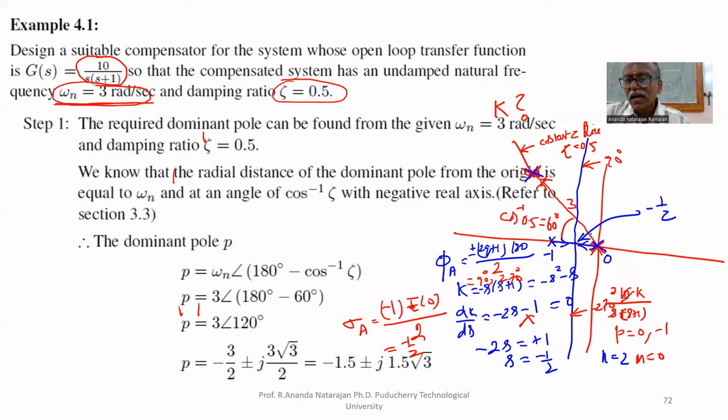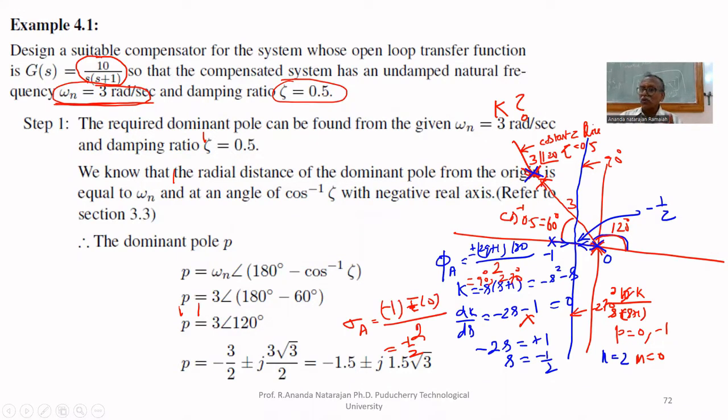That point's length is 3 from the origin, and its angle is 60 degrees with the negative real axis. Then what is this angle? It is 120 degrees, because 180 minus 60 equals 120 degrees. We can represent this point as 3 angle 120.